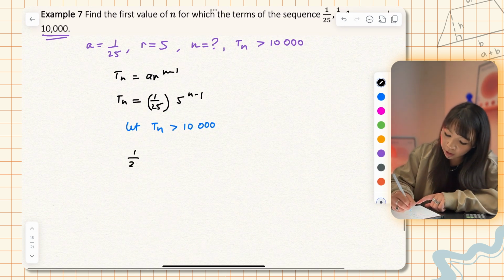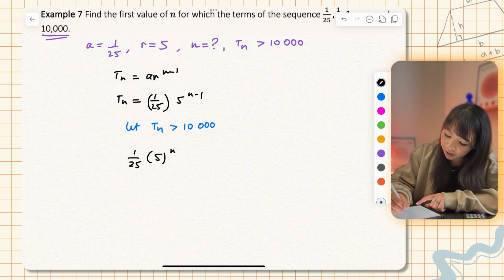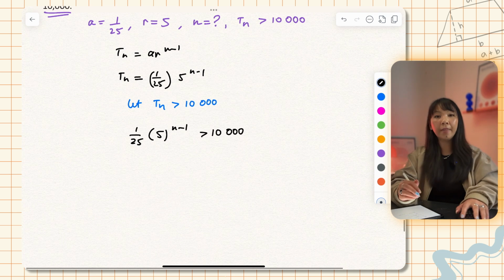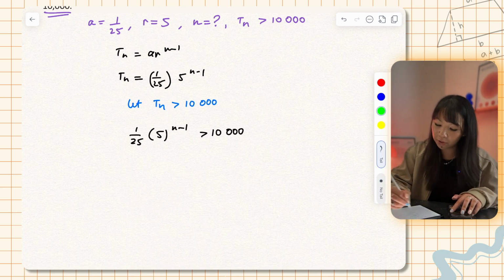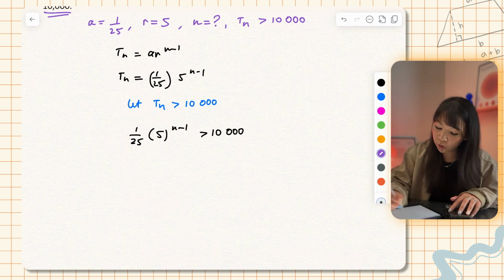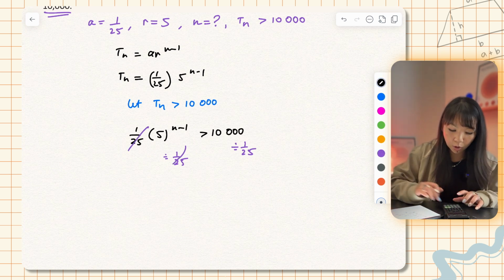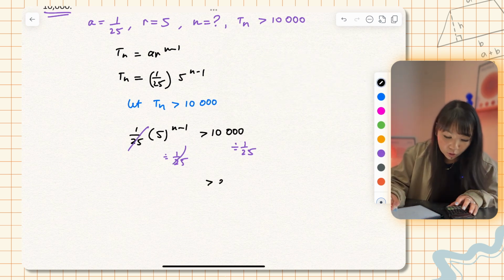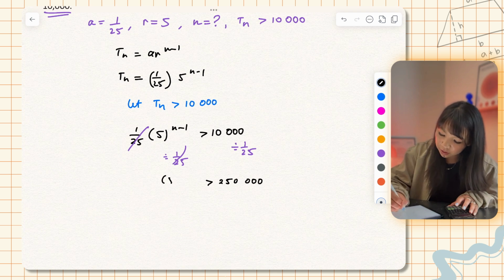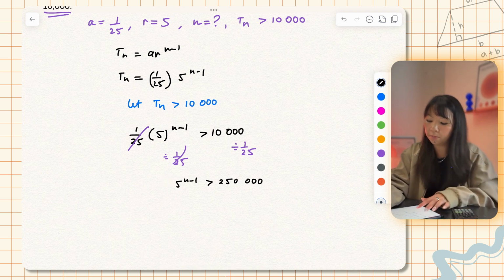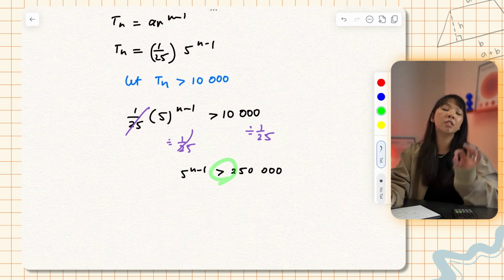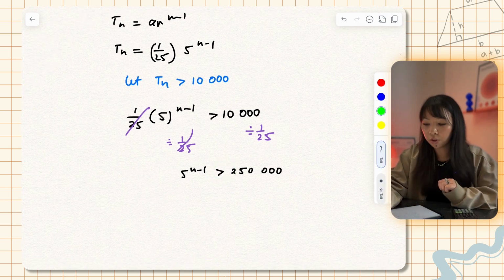So we end up with 1 on 25 times 5 to the power of n minus 1 is greater than 10,000. Now if I want to solve this, I divide both sides by 1 on 25. This cancels, and we get 250,000 and 5 to the power of n minus 1. Now, when you have an inequality, you can still use logs to solve it.